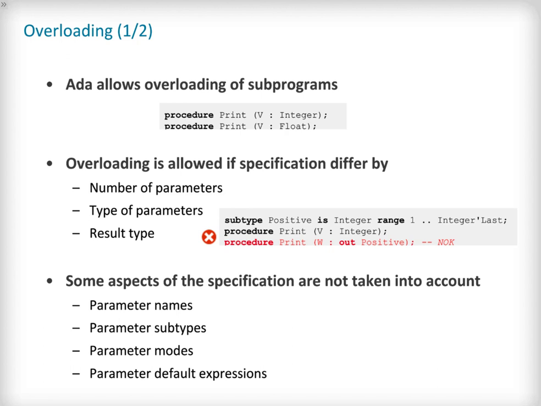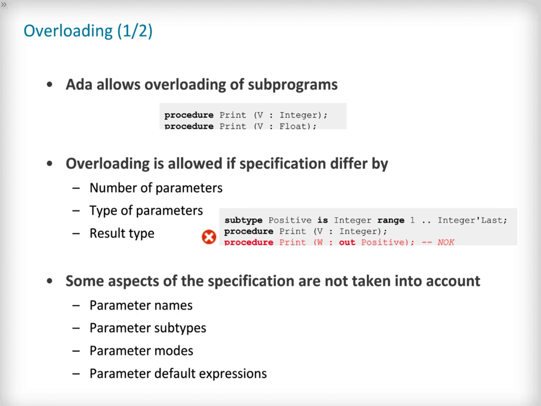For example, if you have two subprograms with the same parameter types in the same order but different parameter names, that will not create an overloading situation, and the compiler will refuse to compile the second subprogram because it will have an ambiguity.